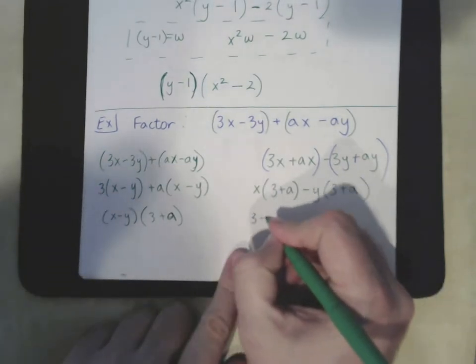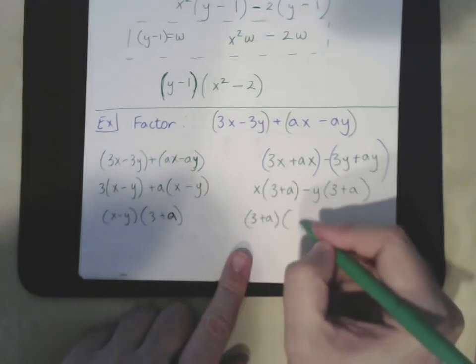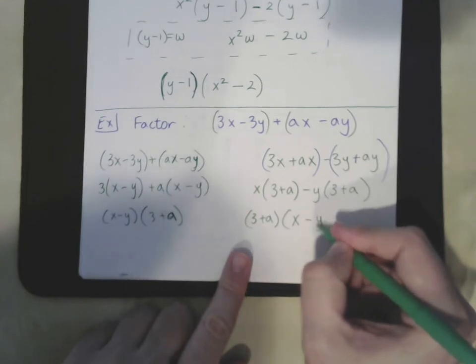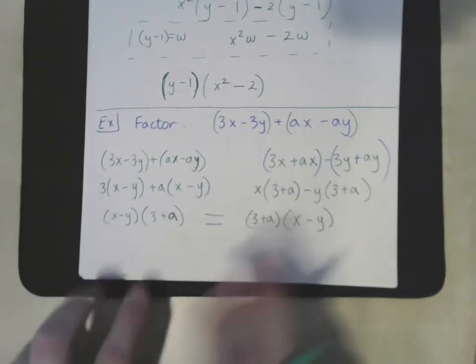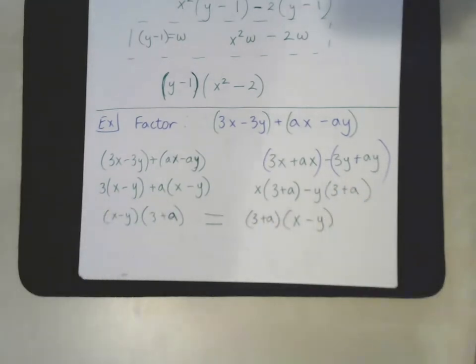So I can pull the 3 plus a out, and what's left is an x minus what's left here is a y. And these two things are the same. They're just written in different order, right? And you can do that because just like addition, multiplication is commutative, right? 3 times 2 is the same as 2 times 3.